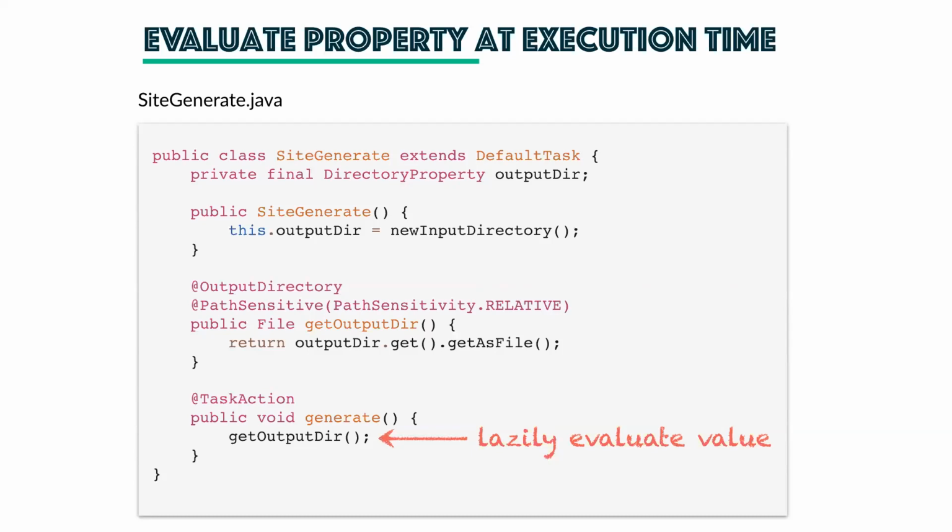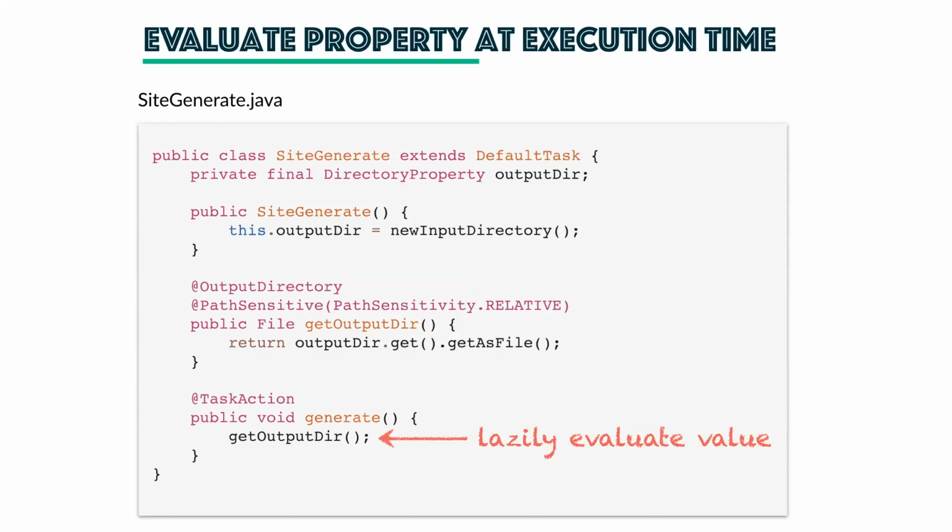And you can think of these property types or provider types similar to the optional in Java. So it's basically a container of values that are set at some point of time, but can be retrieved at a later point of time when you actually call the get method. So fairly similar in terms of functionality, except that we have specific types.